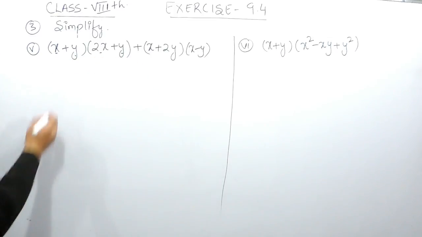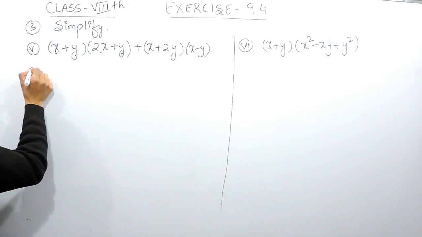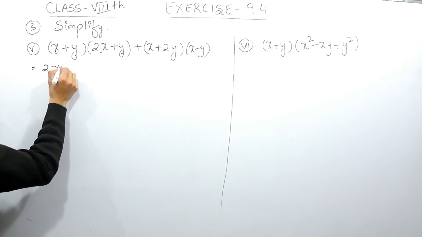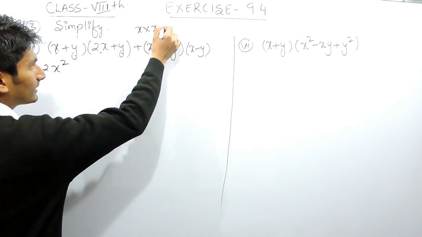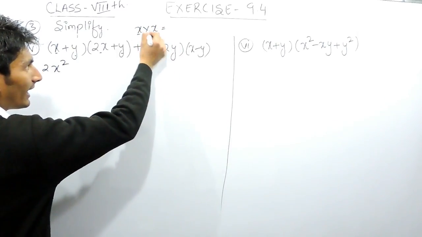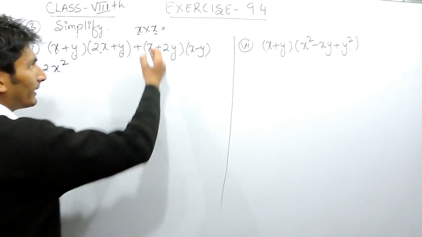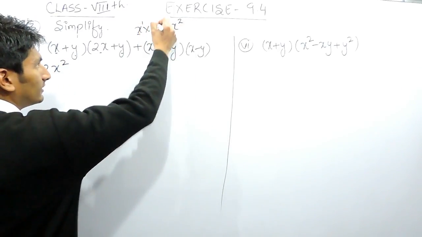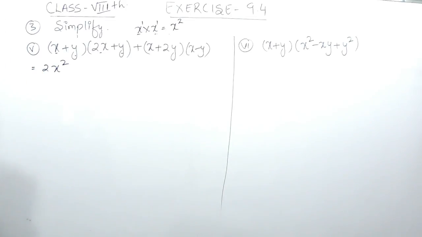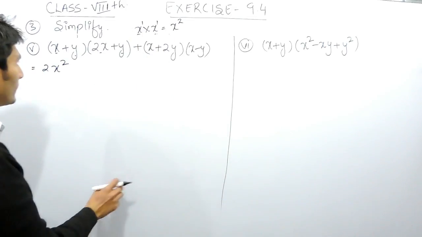So let's start. x multiplied by 2x will be 2x square, because if the base is the same and two variables are multiplied, their powers get added, and if nothing is written, the power is considered 1. So it will become 2x square.